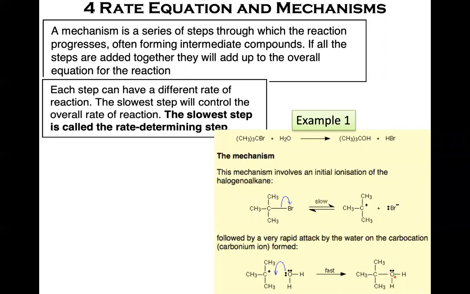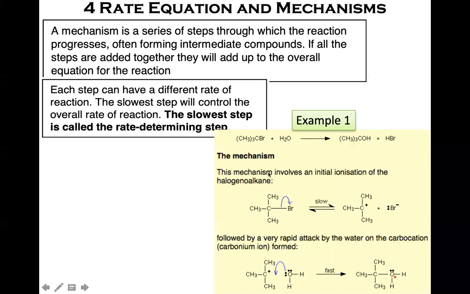So how did the chemists come up with a mechanism? Actually, the rate equation comes into play. The rate equation tells you which species goes into step 1, which goes into step 2, and so on. If all the steps are added together, they add up to the overall equation for the reaction.